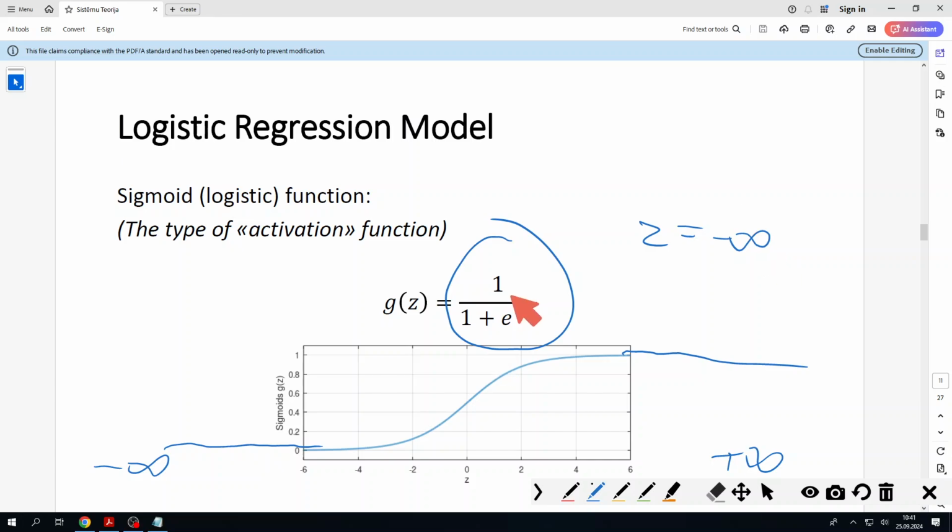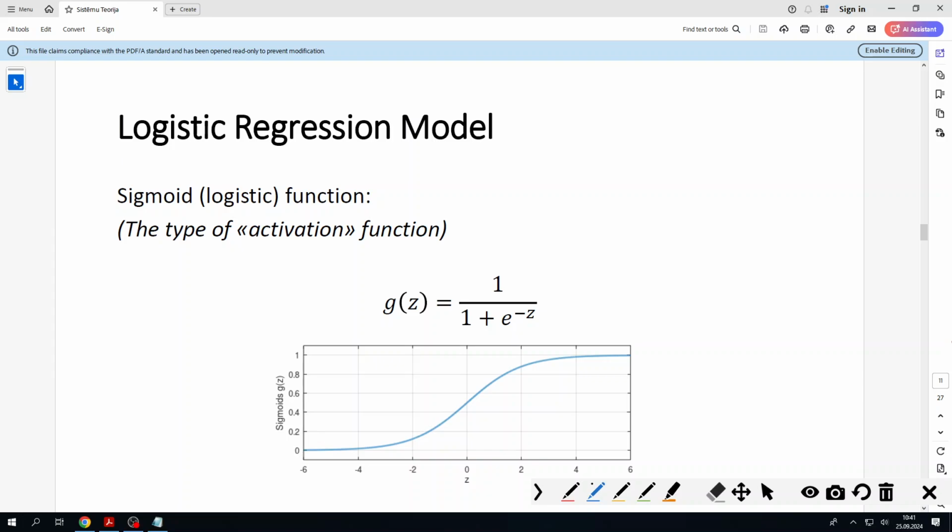Likewise, if you have plus infinity, then you get e to the power of minus infinity, which approaches 0, and your total expression approaches 1. So this actually works. And in that sense, you can even see that we get this 0 and 1 much, much faster than at infinity.